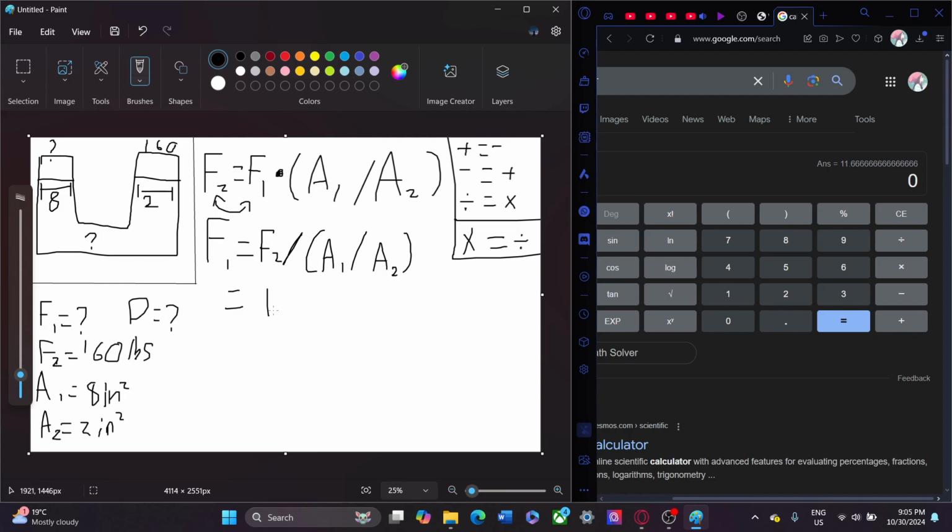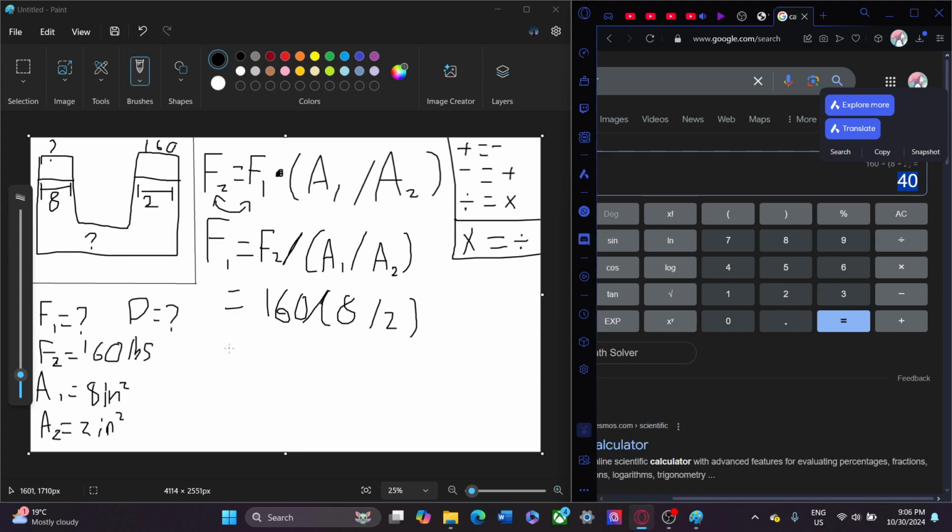Since we know F2 is 160, we now also know that A1 is 8 inches divided by 2 inches. So, let me just divide that. 160 divided by 8 divided by 2, which is now 40.